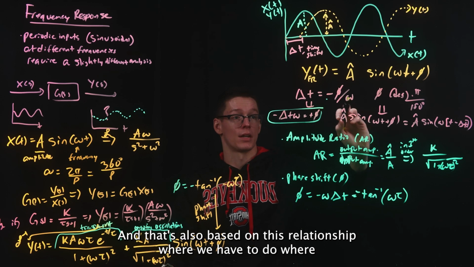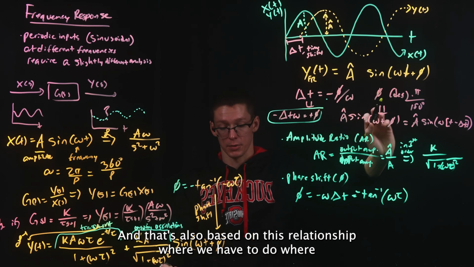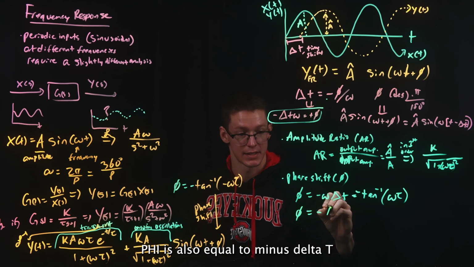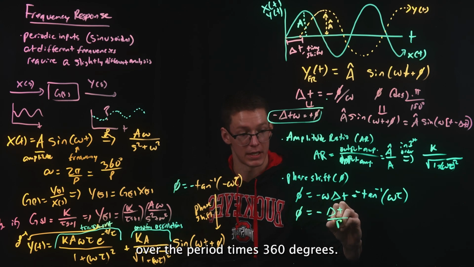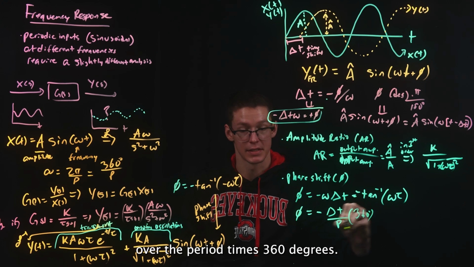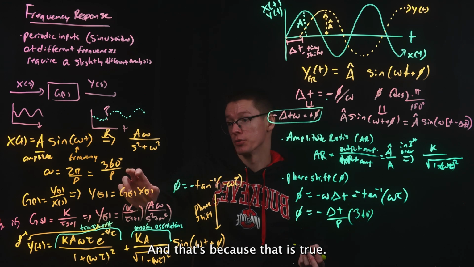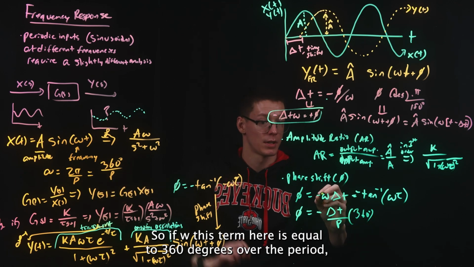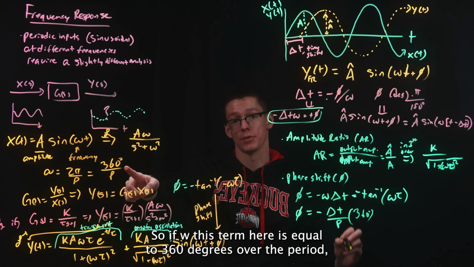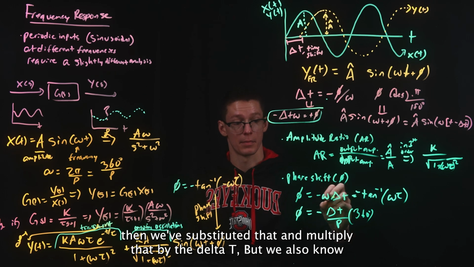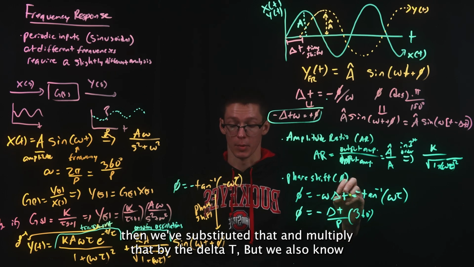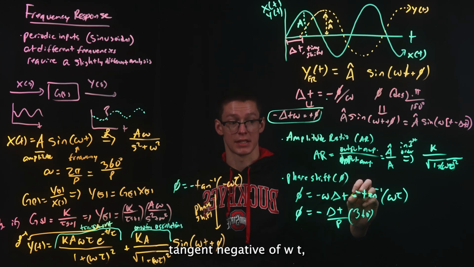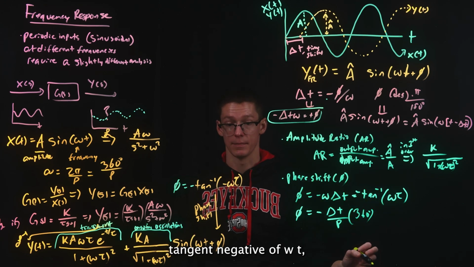And that's also based on this relationship where phi is equal to minus delta t over the period times 360 degrees. That's because W is equal to 360 degrees over the period, so we've substituted that and multiplied it by the delta t. But we also know that phi is equal to the negative arctangent of W tau.